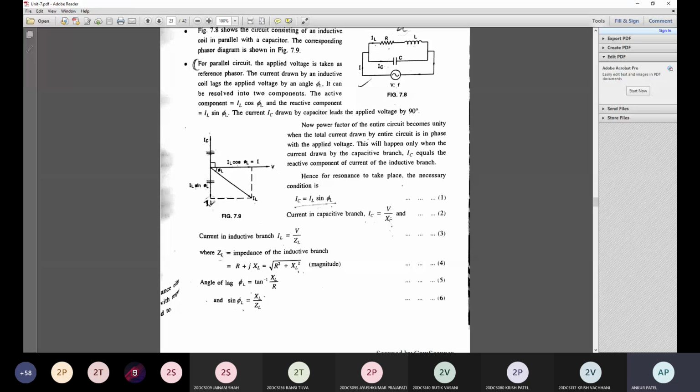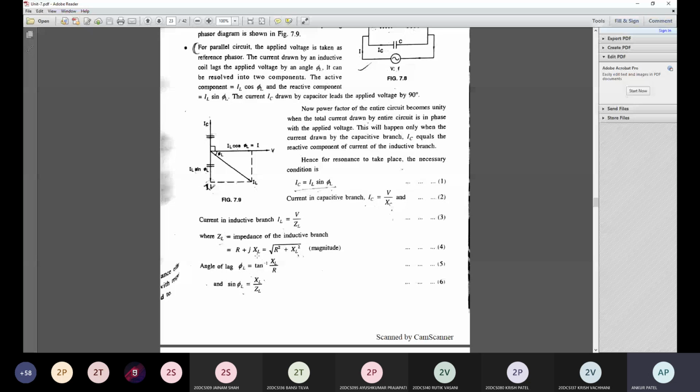Now IL: here we have a combination of load R and L, so IL is equal to V by ZL, where ZL is equal to R plus jXL in rectangular form, and in magnitude form, under root R square plus XL square. This phi L is the phase angle, tan inverse XL by R for an inductive circuit, and sin phi L we can write as XL by ZL.